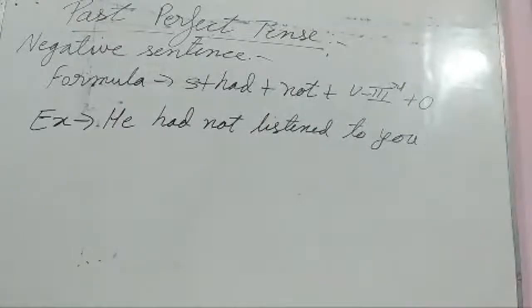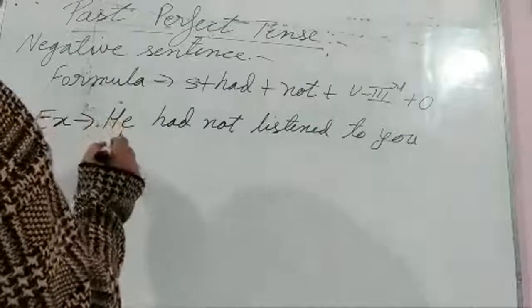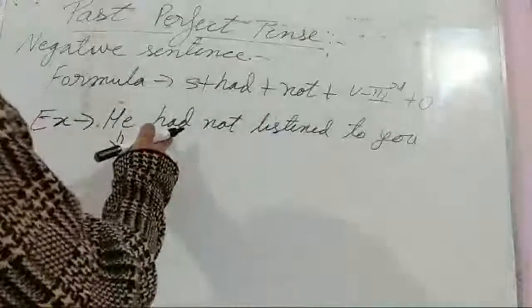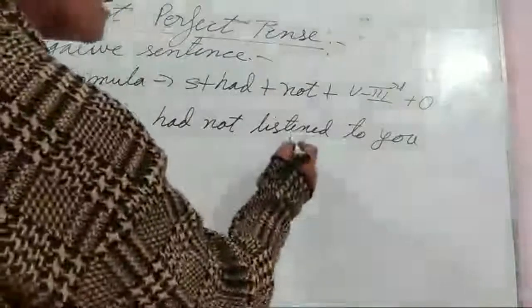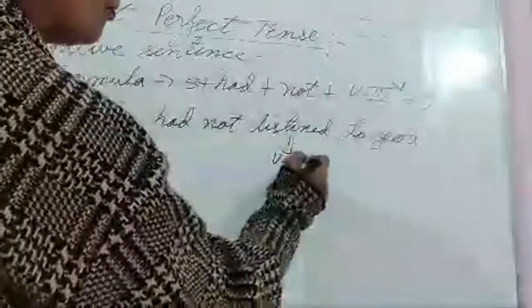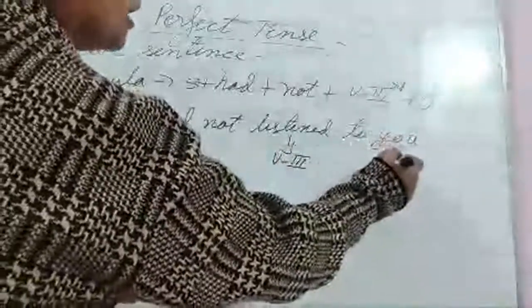Here he is the subject, had shows the sentence is in the past perfect tense, not shows the sentence is in negative form, listened is the verb of third form, and you is the object.